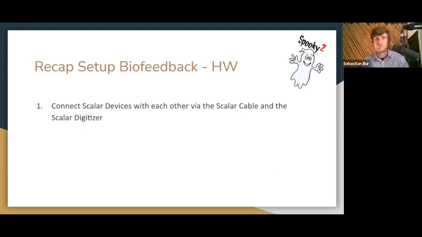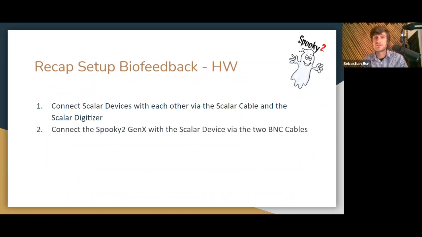So I'm going to do a little recap here. You connect with the scalar cable into the scalar digitizer, or you connect the scalar devices with each other with those cables. And then you connect the Spooky2 generator X to the scalar field with the 2 B and C cables.